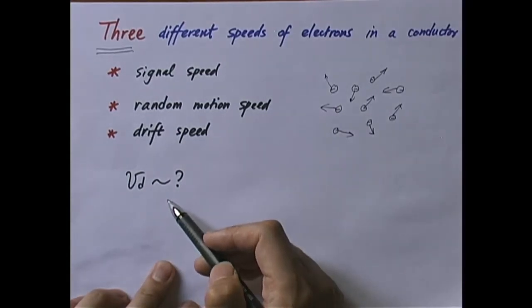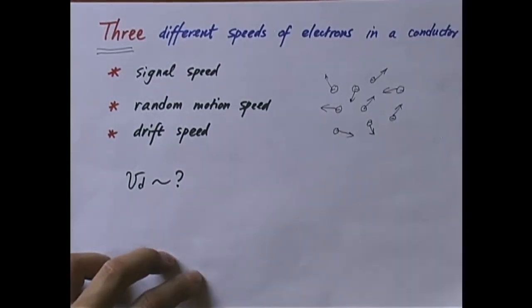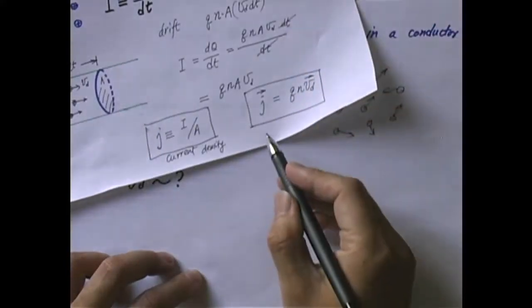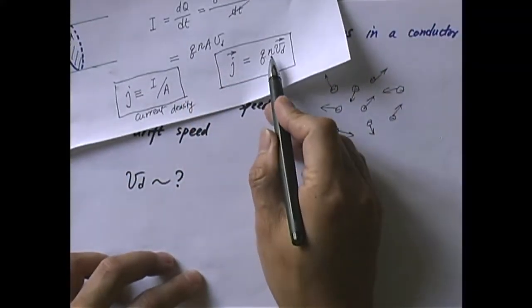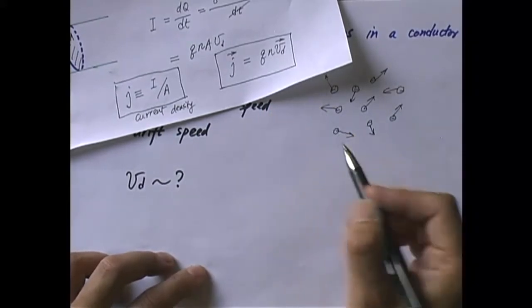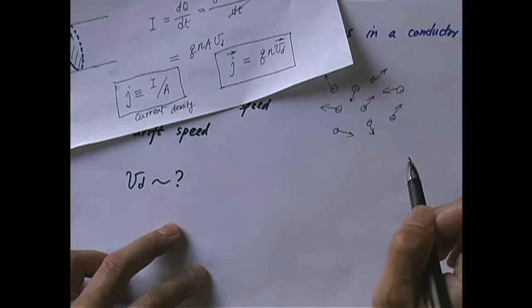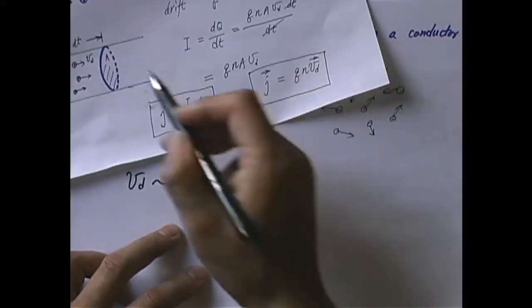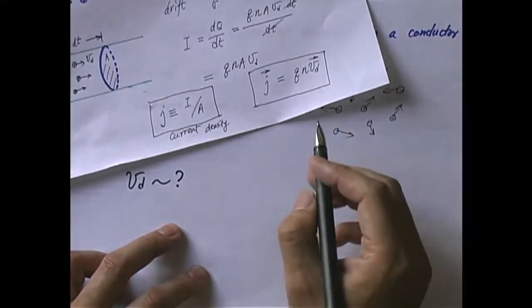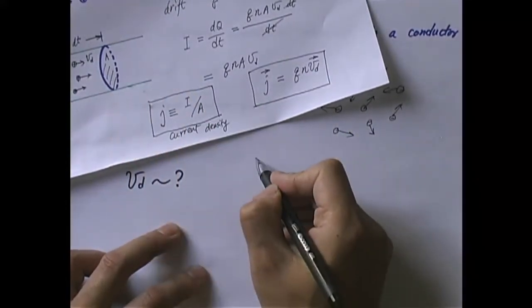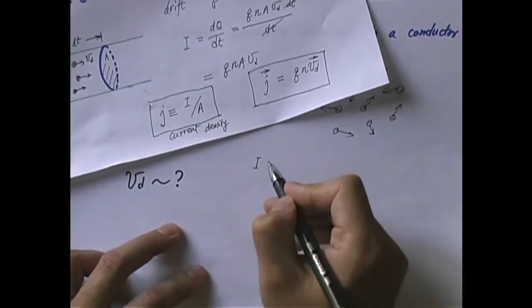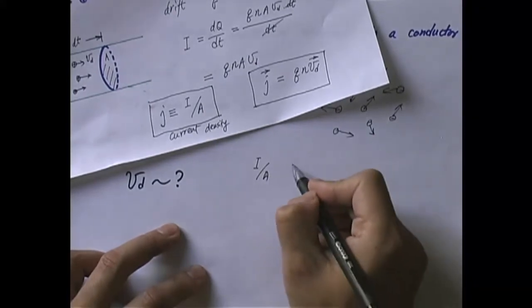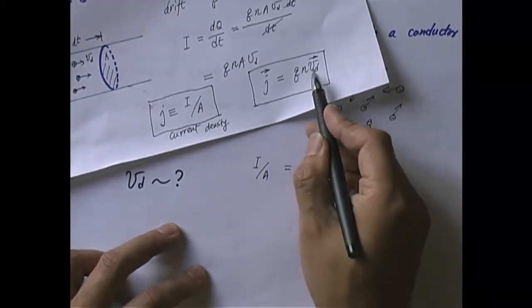Well, we can do a little estimation here. Let's go back to the previous page where we had the formula for J, the current density, Q n v_d. Let's take a real piece of metal, say copper, and look at an actual copper wire with a certain cross-sectional area A. Say the current flowing through it is I. Then the current density will be I over A, and that equals Q n v_d.